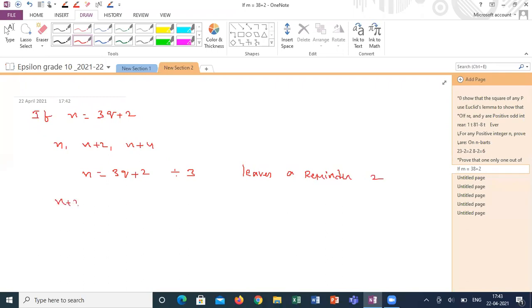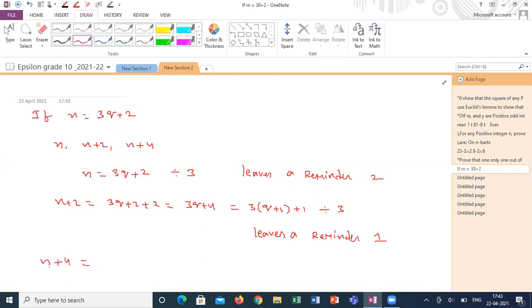For n plus 2, 3q plus 2 plus 2, that is 3q plus 4. This can be written as 3 of q plus 1, plus 1. So if I divide this by 3, it leaves a remainder 1.